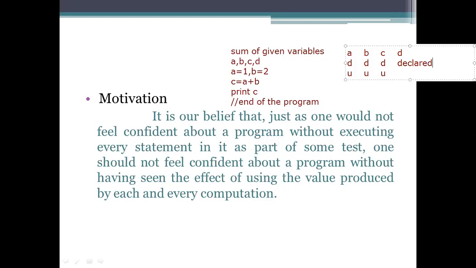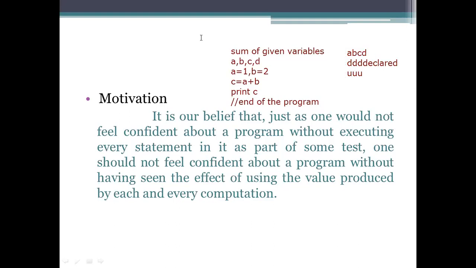Okay, so in this representation we will see whether we are providing these things or not. For example, of the variables A, B, C, D, these two are defined here, and then these two are used here. C is also used in this representation.